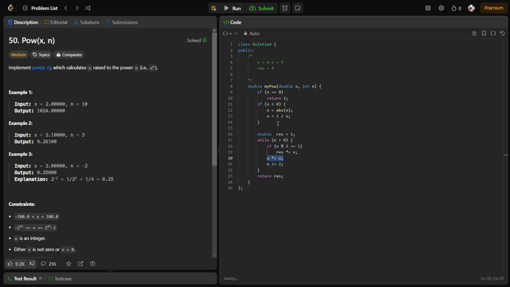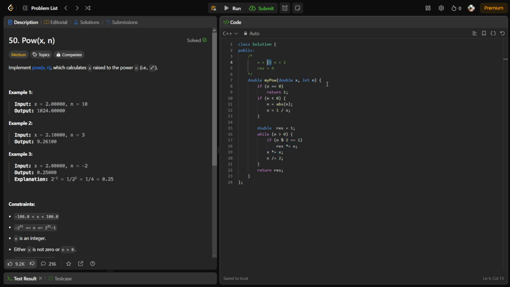After which we multiply x again. So x multiplied with itself is 4 times 4 is 16. N will divide by 2. So now n will be 2.5, but because this is an int, the 0.5 is removed, right? So now n, check again, n is not an odd number. So again, x times equals x.